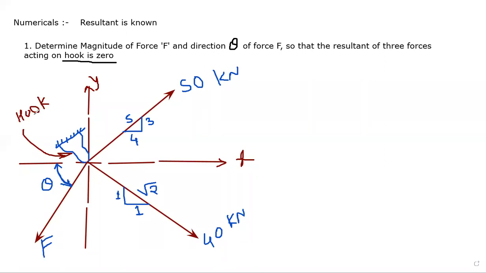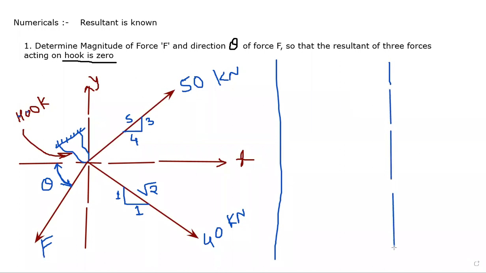So the resultant of three forces acting on a hook, three forces, 50 kilonewton, 40 kilonewton and force F, the resultant is 0, which is given. All of you written, shall I proceed?